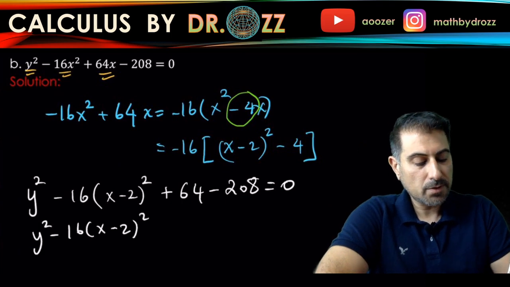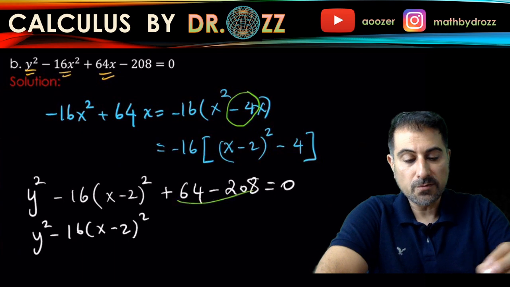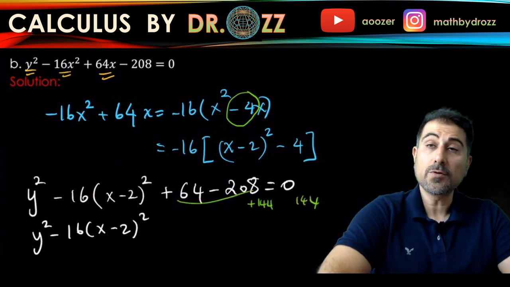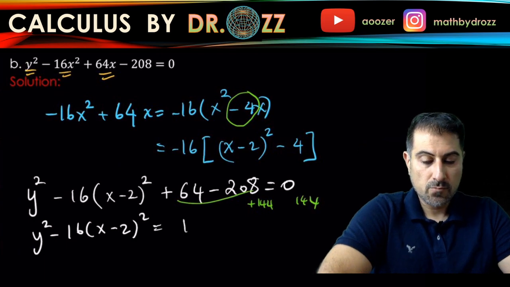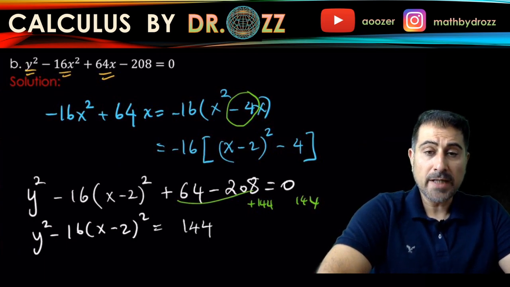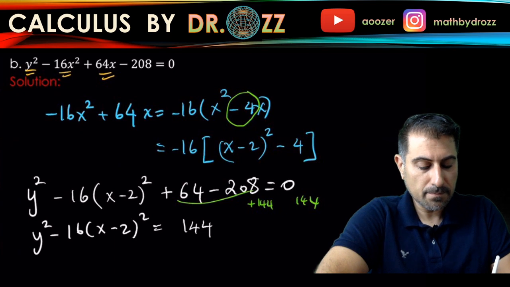So these add up to negative 144, and I'm going to add 144 to both sides of the equation. To get down to the standard form, we have to make the right-hand side 1, so we're going to divide both sides of the equation by 144.